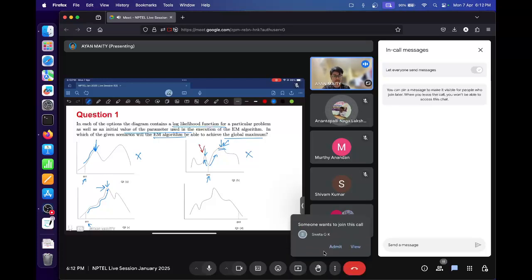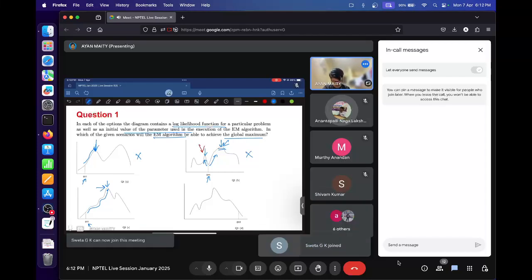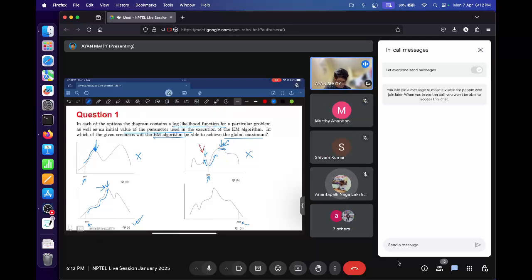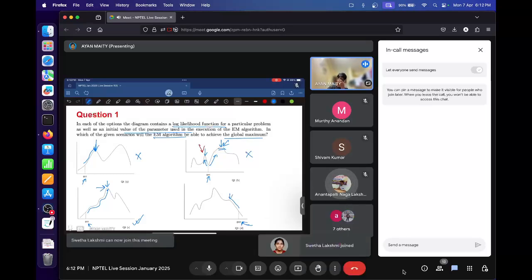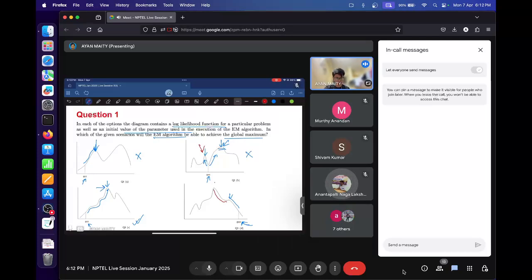So in the third scenario, it will be able to find out the global maximum value, and in the fourth scenario, it starts at this position, and when it reaches this position, it is a local maximum point again. So it will get stuck in this local maximum point, and it will not be able to get out of this local maximum and reach this global maximum.